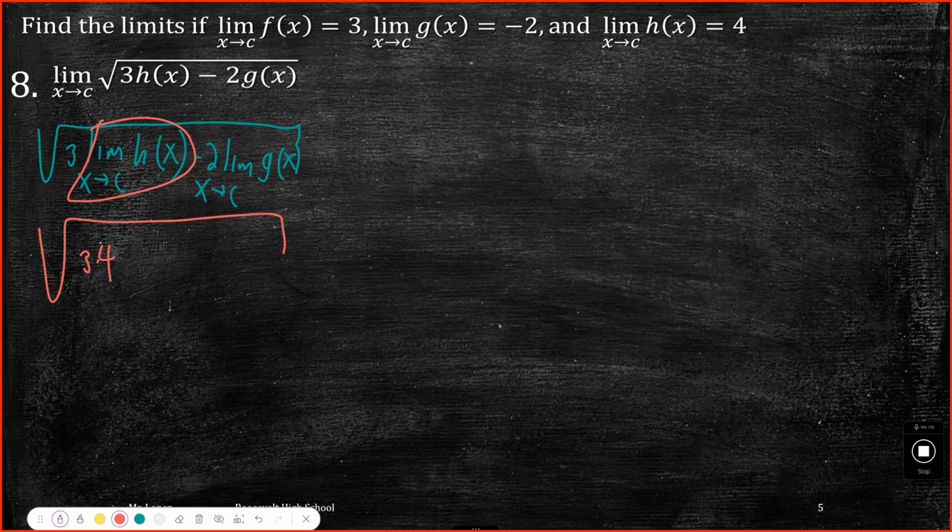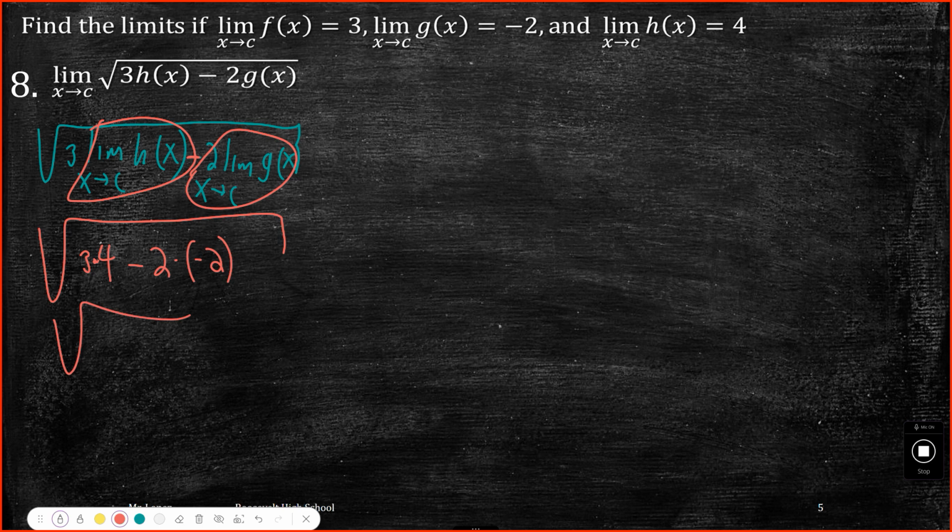So it's 3 times 4, minus 2 times the limit as x approaches c of g of x, which is negative 2. So times negative 2.